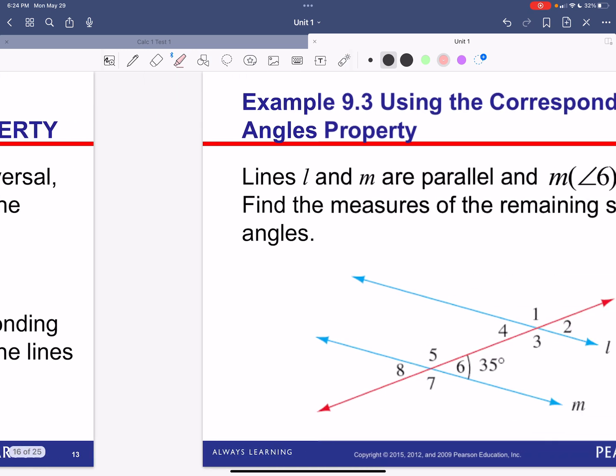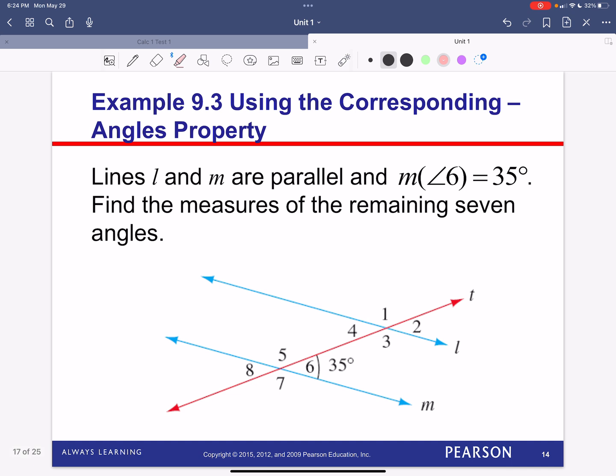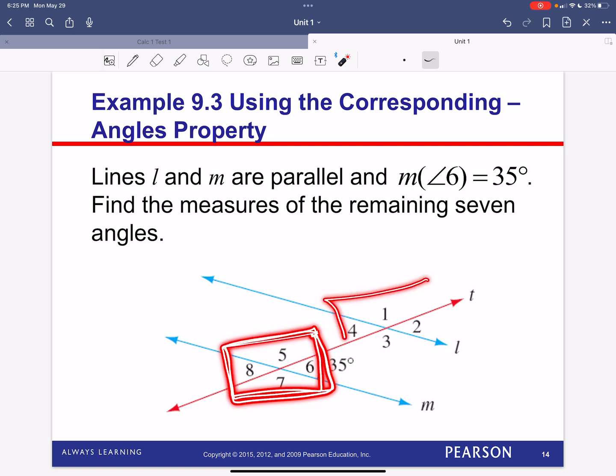So let's look at this right here. When we're talking about corresponding angles, you're thinking about this area right here, these angles. If I take these angles and pick them up and put them right on top of these angles, those are called corresponding angles.